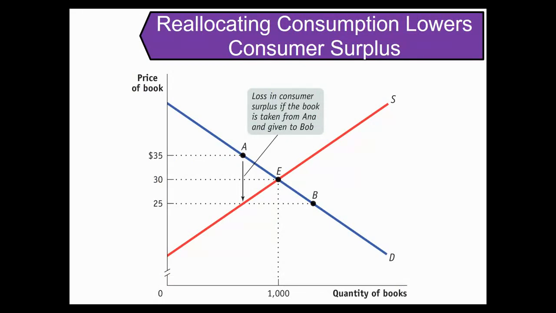If we take a look here, obviously point E is the most efficient spot. But let's say we're at point A and we're selling books. At point A, Anna is willing to pay $35 for a book, and Bob at point B is willing to pay only $25.